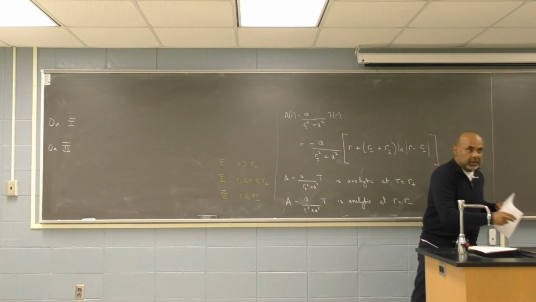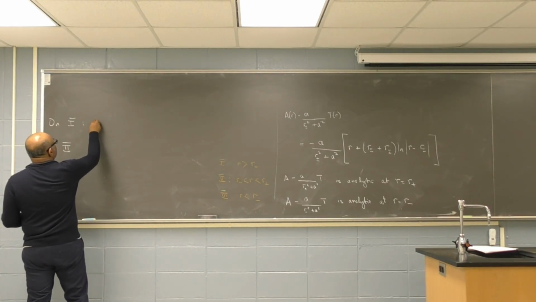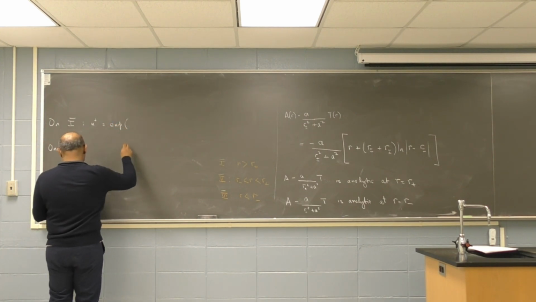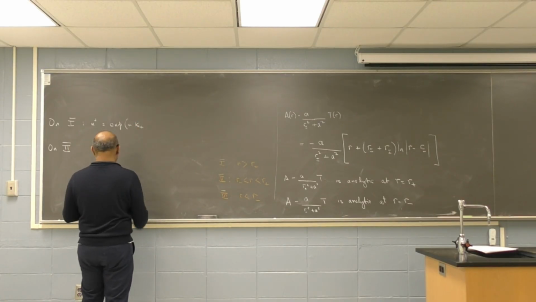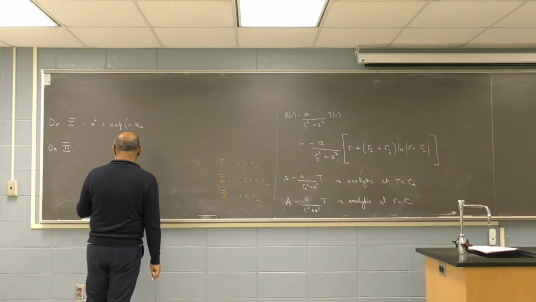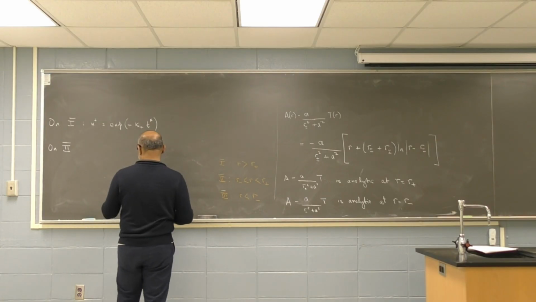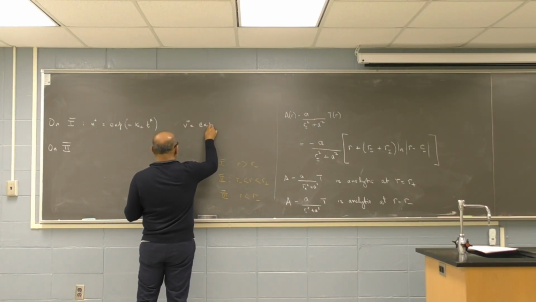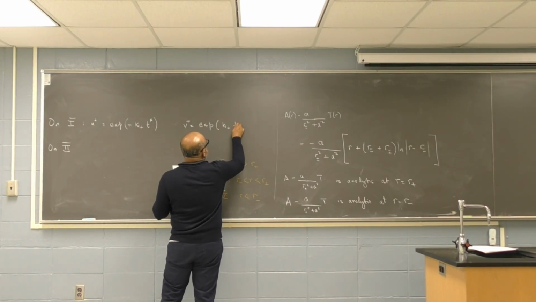Okay? So I'm going to put a new chart on this. That is my goal. I'm going to define u plus to be equal to the exponential of minus kappa plus, and I have to tell you what that is. It's a constant. And so I do use my star coordinate system. Fine, I'll have to explain this. And v plus to be equal to exp of kappa plus t bar.